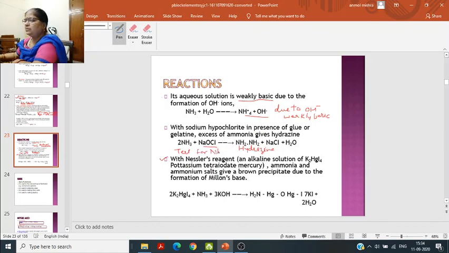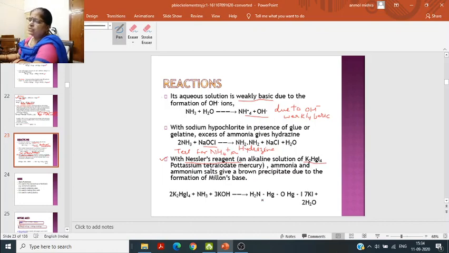Next is the test for ammonium ion. When we add sodium hydroxide to a salt containing ammonium ion, smell of ammonia gas comes out. Then we add Nessler's reagent, its formula is K2HgI4.